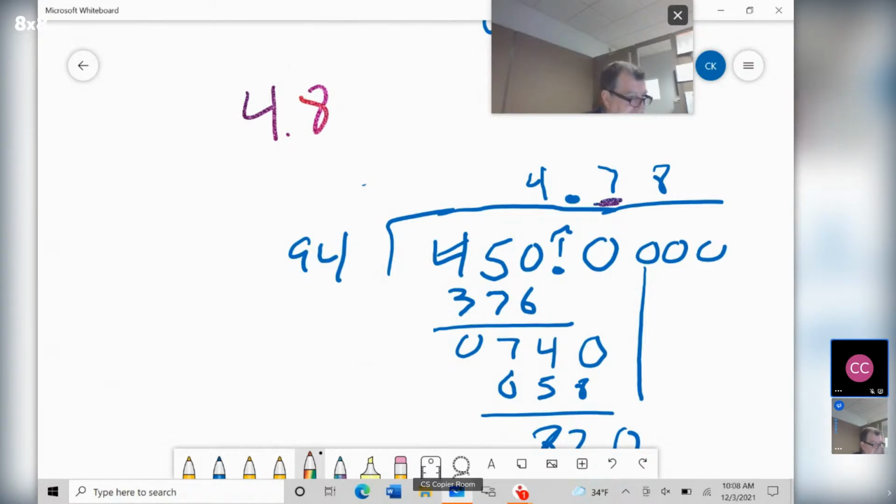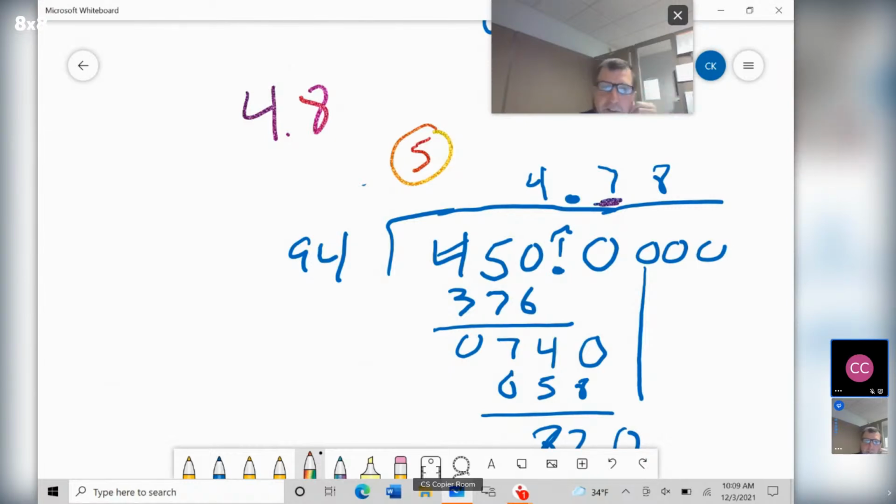Okay. So one thing too, you guys, I asked you to round this to the nearest whole number, okay, the whole number would be to the left of the decimal. And then we look at this 7. The 7 is greater than 5, so this 4 would become a 5 if I asked you to round it to the whole number. Okay, because sometimes that's what it might say on the test.